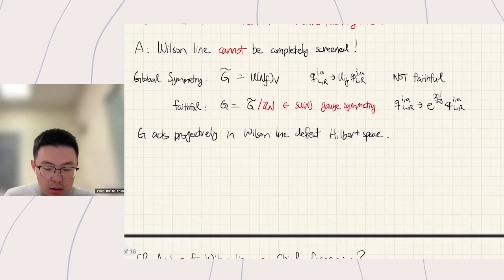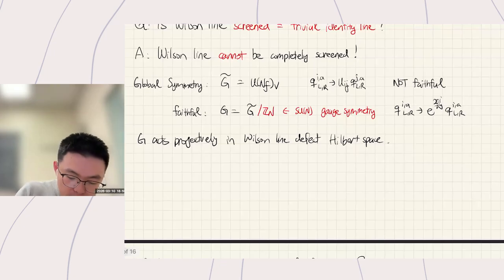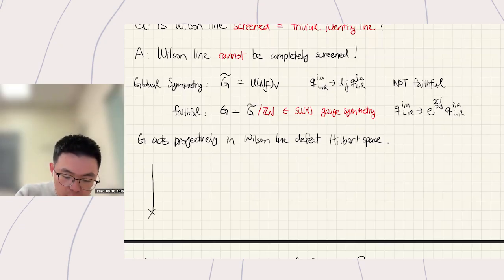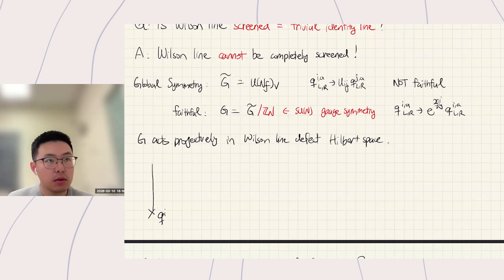Think about Wilson lines. States in the Wilson line defect Hilbert space are created, for example, by Wilson lines that end on a quark operator.